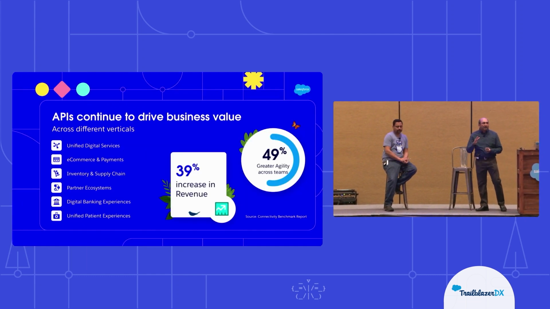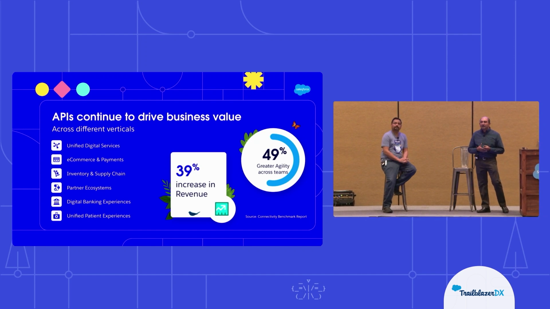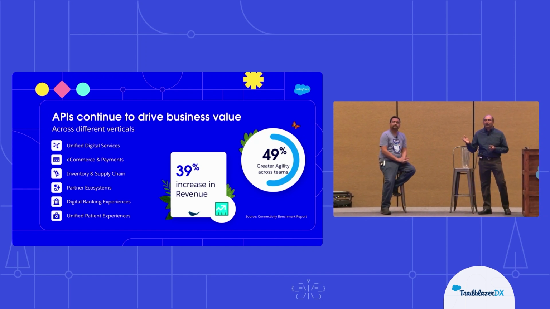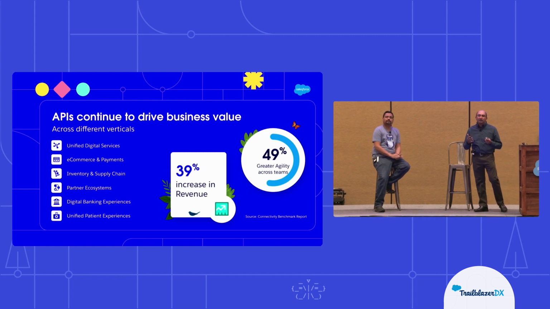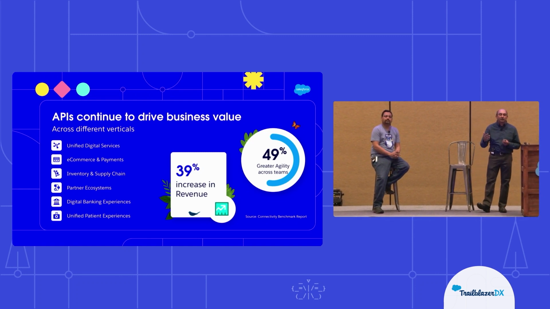We often use APIs to connect applications, share data between different systems, and most importantly, to deliver business solutions. We see that APIs continue to drive business value across different business verticals, from unified digital services to e-commerce and payments to digital banking experiences. APIs are actually at the foundation for the experiences that you as a consumer expect and demand from your customer.